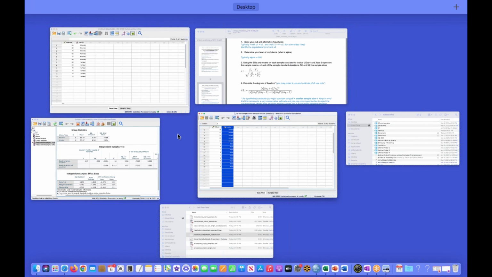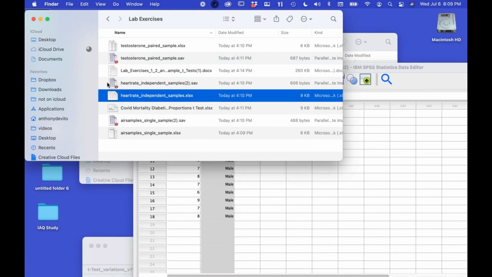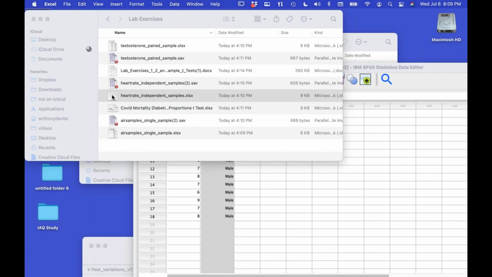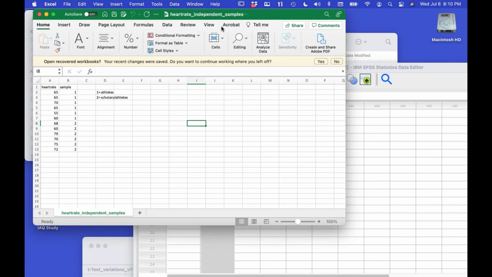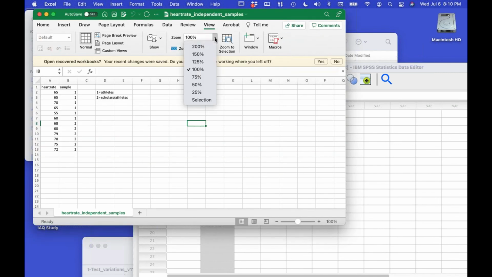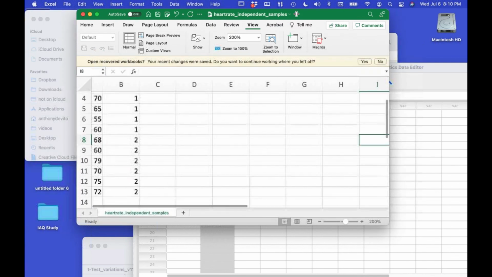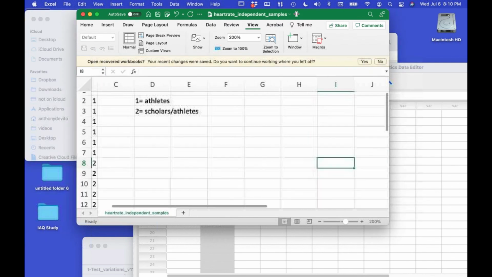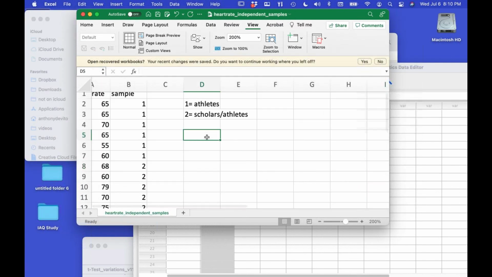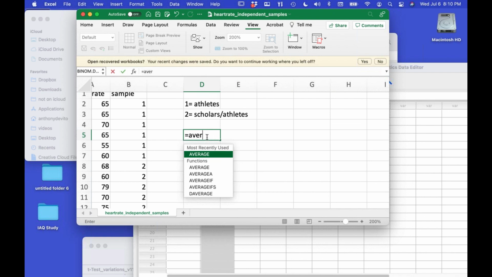Okay, so first thing I'm going to do is calculate the means for both of these. Equals the average for athletes and the average for scholars. Okay, that's the means.